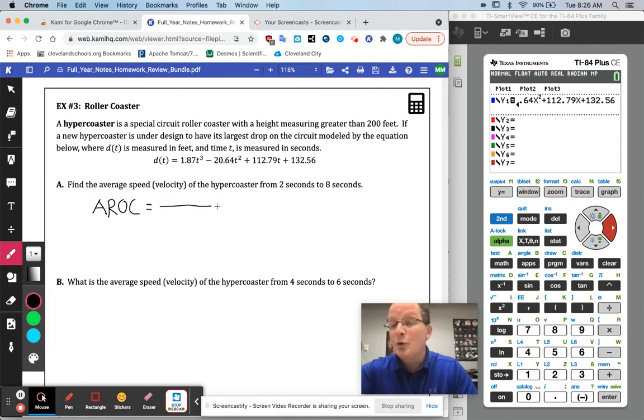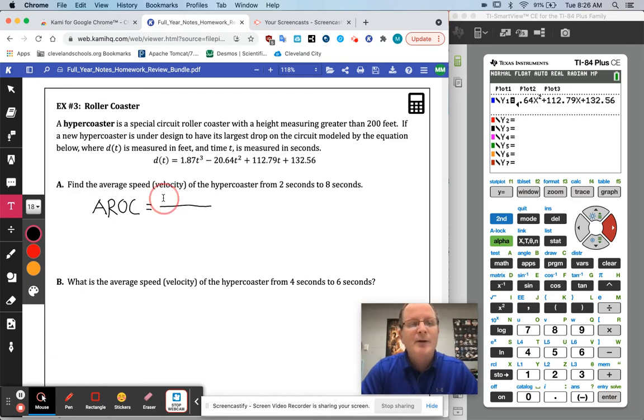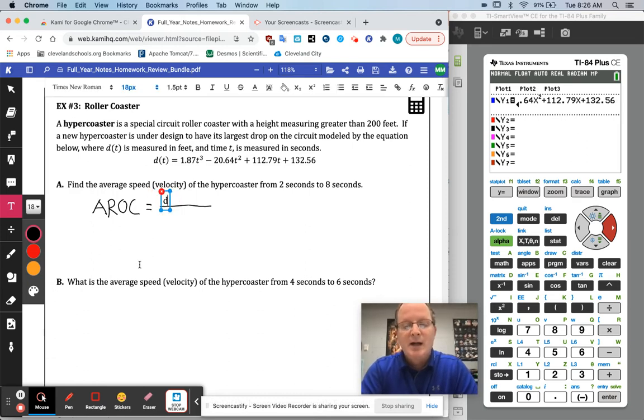It's the old school slope. So what I need then is, and they called the function d, so I'll use that same notation, d of 8, that's y2, minus d of 2, divided by 8 minus 2.